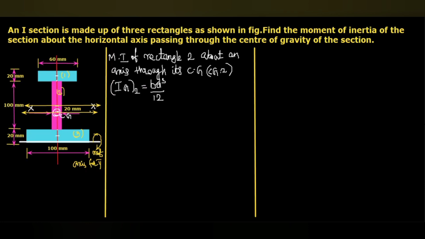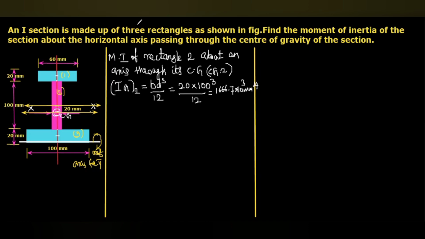Same formula, but here b will be 20 and d will be 100. So 20 multiplied with 100 cube divided by 12. By simplification, we get 1666.7 multiplied with 10 power 3 mm power 4.